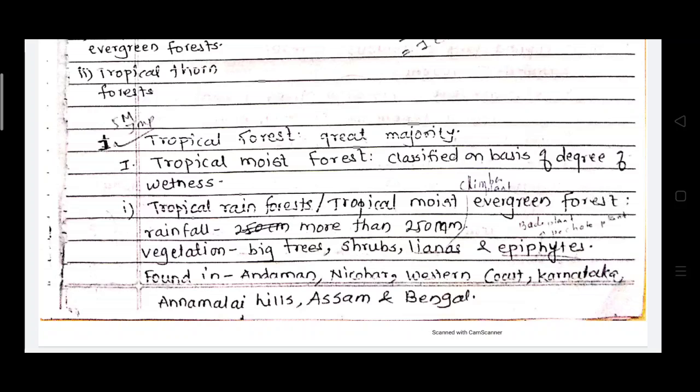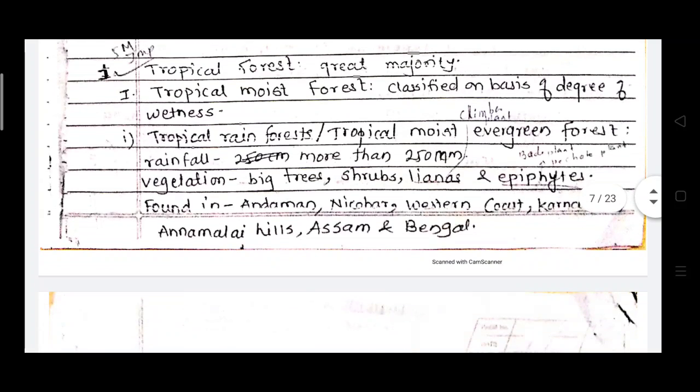Mostly in that area, rainfall is more than 250 millimeters, and the vegetation is big trees, then shrubs, lianas, that means climber plants, and epiphytes. Epiphytes means those plants which grow on other plants.